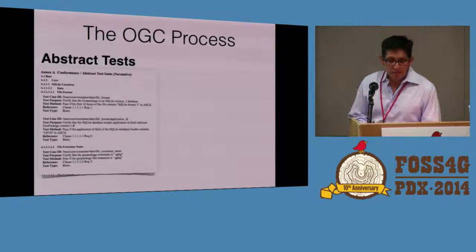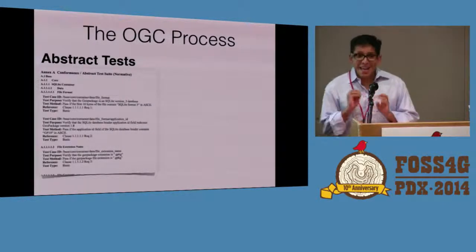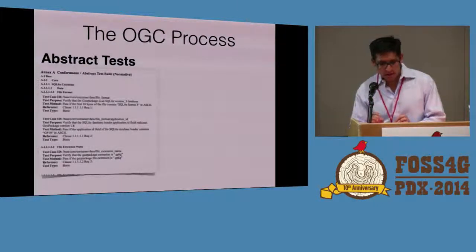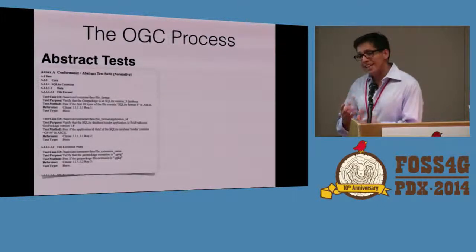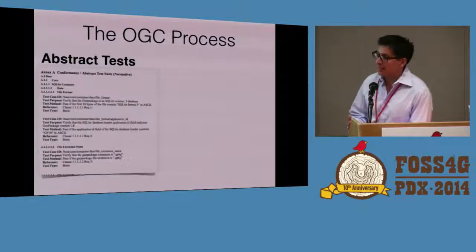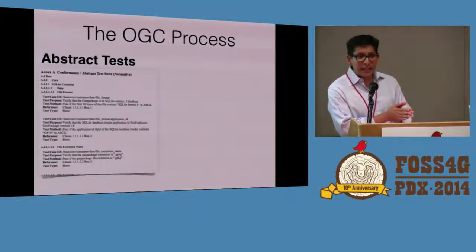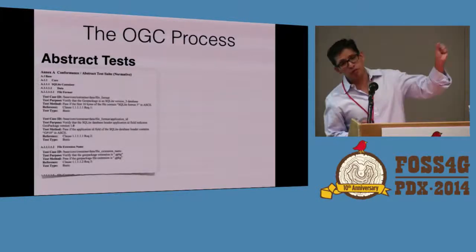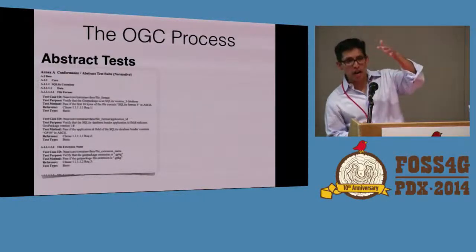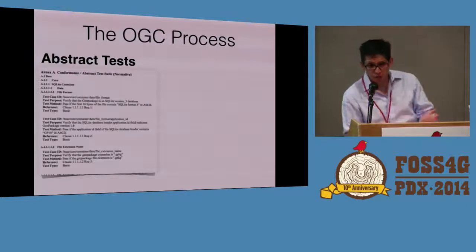Another thing I want to talk about is that at OGC, the implementation standards have something at the end that we call an abstract test suite, which is a set of rules that says, if we want to test GeoPackage, we want to see if the header contains this number of characters with this kind of information and so forth.